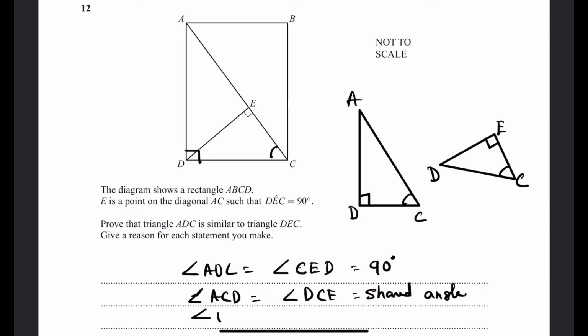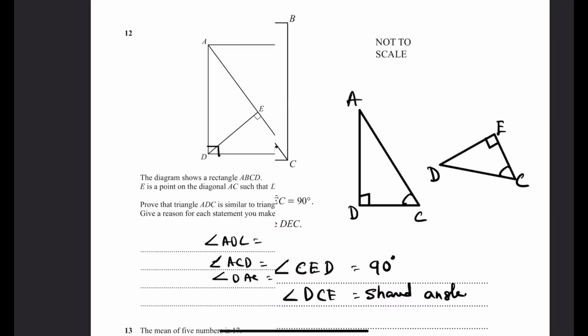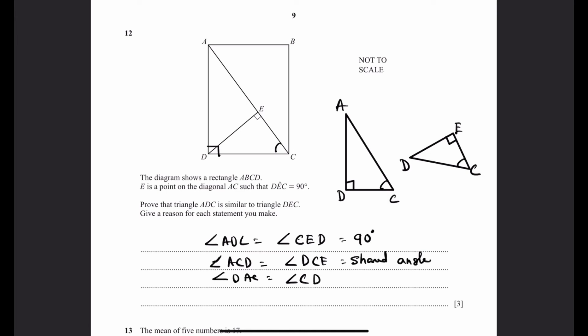So DAC, CDF, CDE, the three angles are equal. Therefore, the triangles are similar.